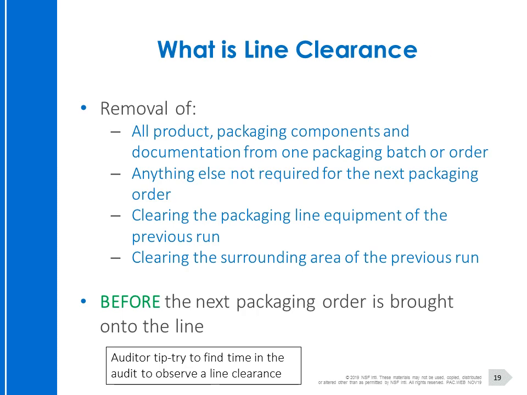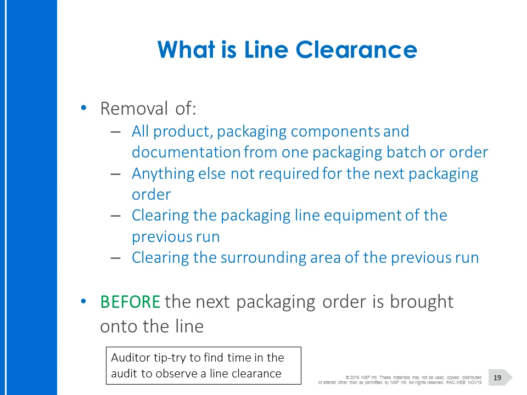But what's a line clearance? So we've talked about cleaning already, so this is more the physical cleaning. Line clearance is removal of all the product, packaging components and documentation from one packaging batch or order, and anything else that's not required for the next packaging order, and clearing the packaging line equipment of the previous run.